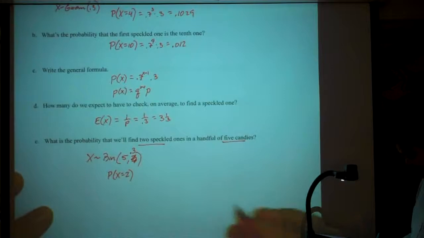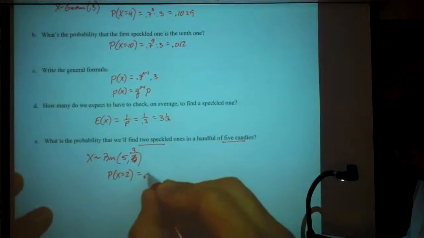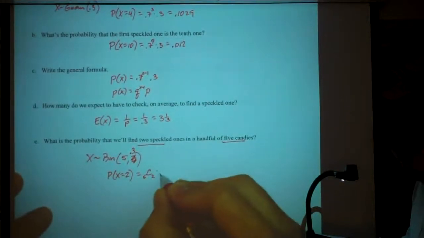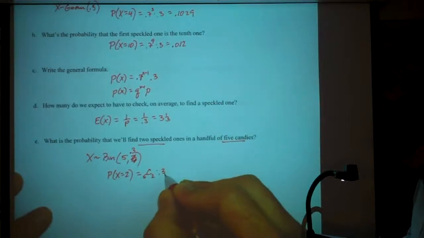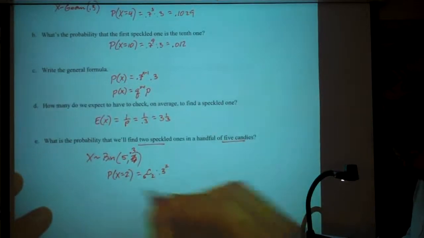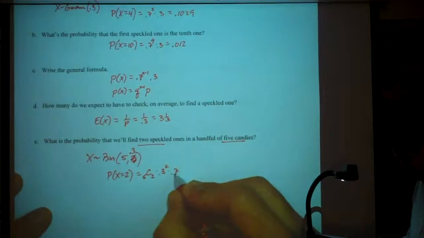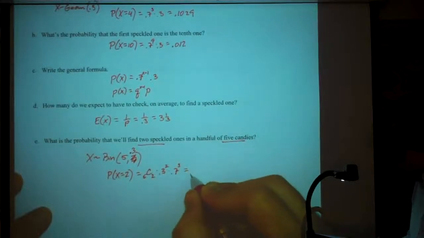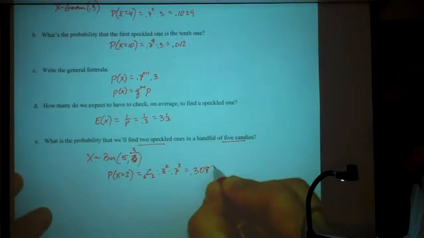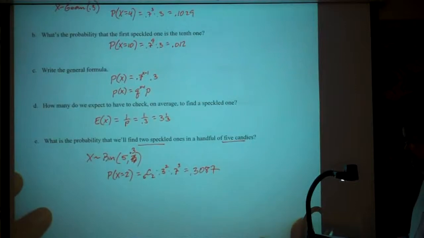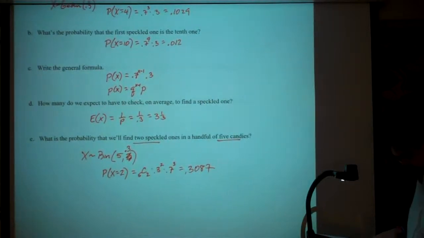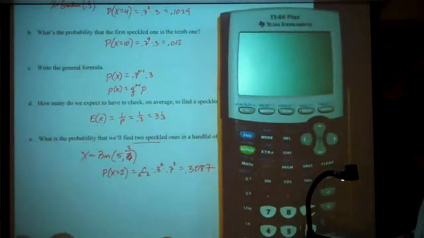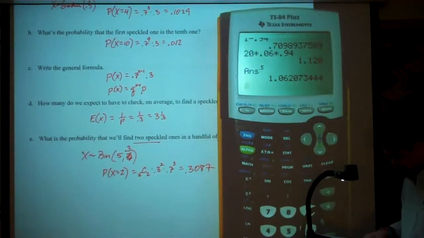Well, the formula says this is going to be 5 choose 2 times 0.3 to the second power, because we have 2 successes, times 0.7 to the third power, because that's 5 minus 2, the number of failures. And that turns out to be 0.3087. And in case you've forgotten how to find 5 choose 2, you just take out your TI-84, or a TI-83 will also do.